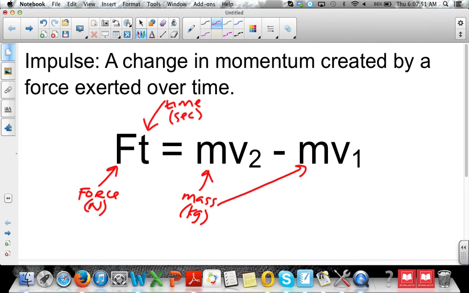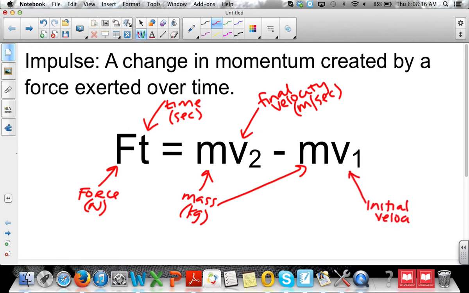They're the same number for impulse. It's the same mass. Then V2, this means final velocity. And that's still meters per second. So it's V2 because it's the second velocity. And then V1 is initial velocity because it's the first velocity. And it's also meters per second.